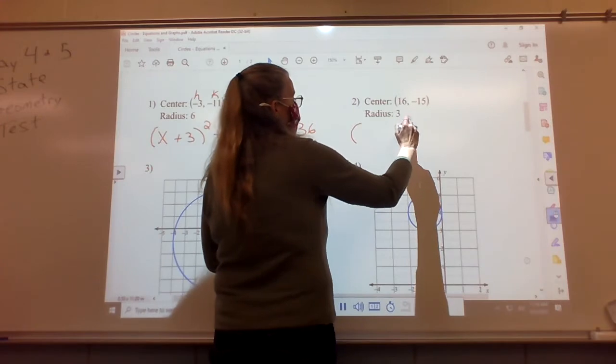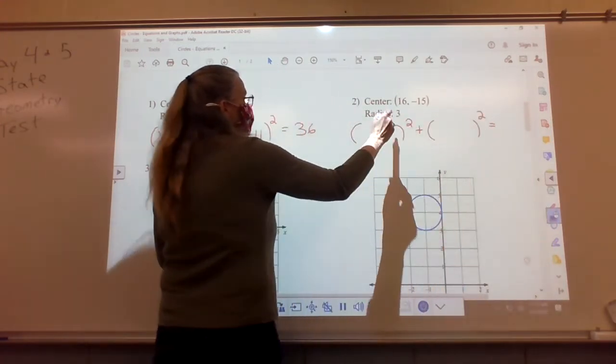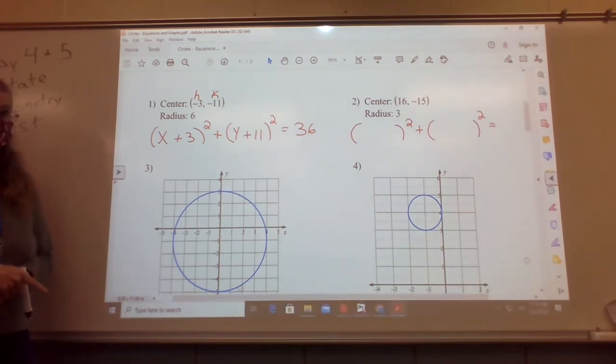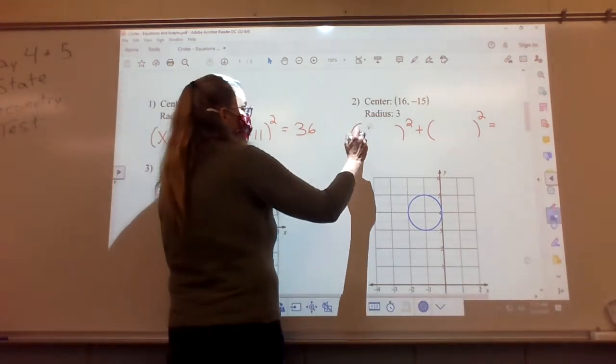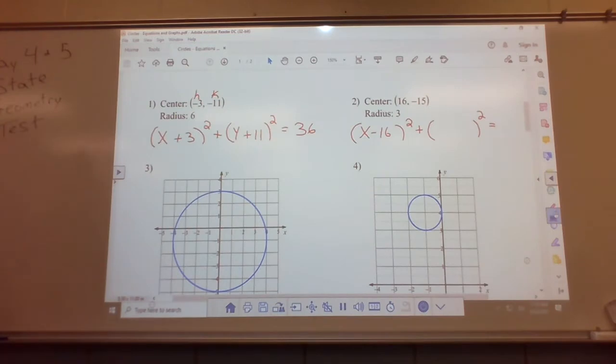So here's kind of the look. So the first parenthesis, what's going to be in the first parenthesis? x plus 16. Don't forget to change your sign. So x minus 16. Because remember, the formula is x minus the h, so that changes the sign.